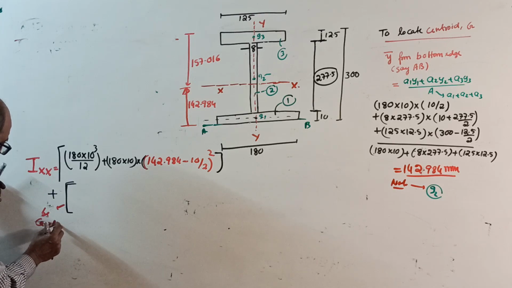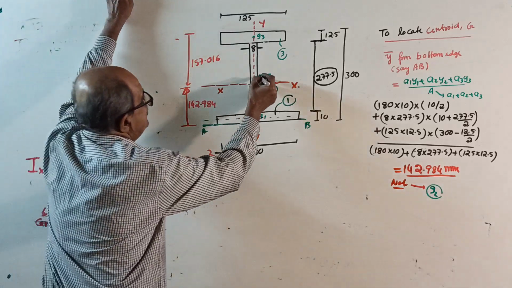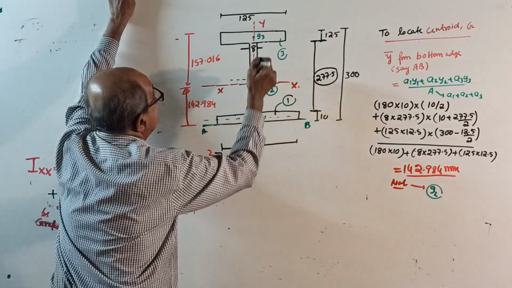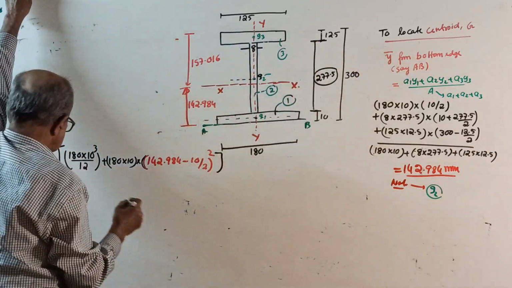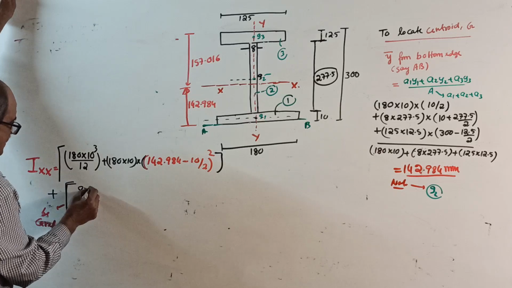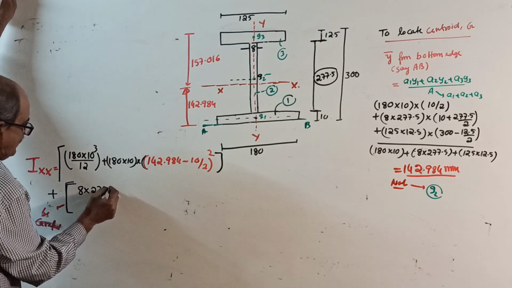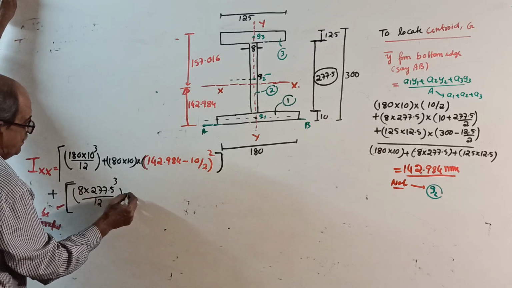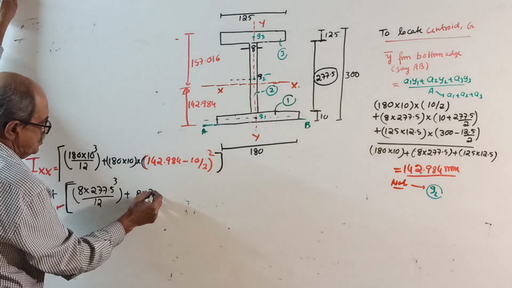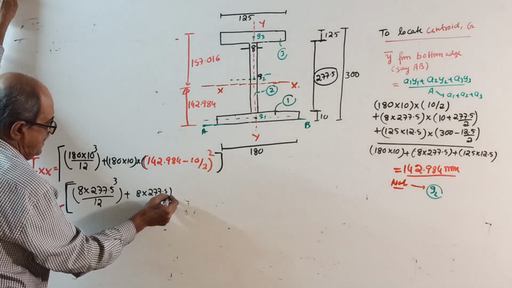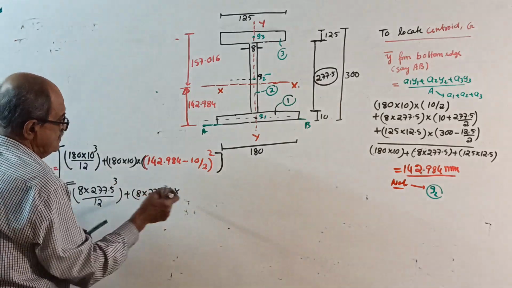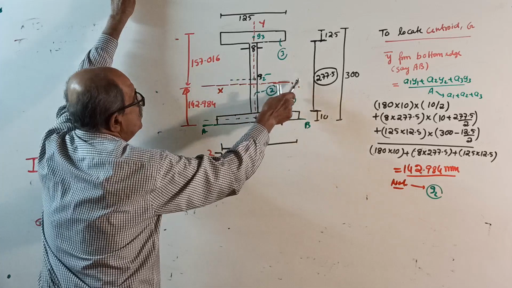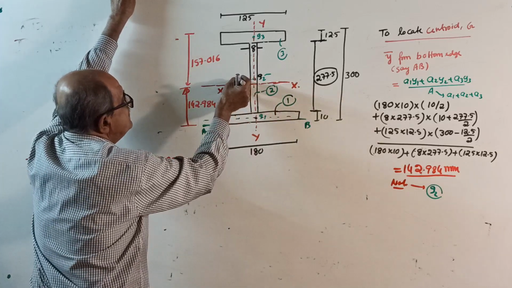G2 is here. First come to its own centroidal axis: 8 into 277.5 cube divided by 12. This is no problem. Plus area: 8 into 277.5 is the area, into, this is the most important, from centroid G2 to XX, this distance square.